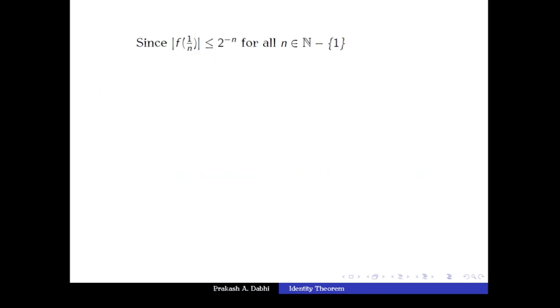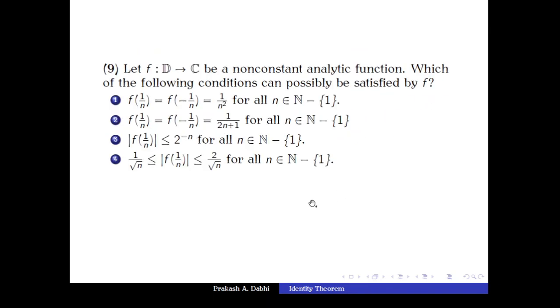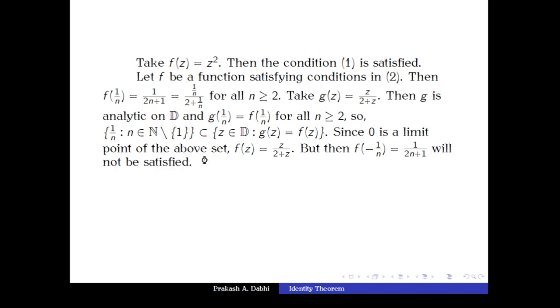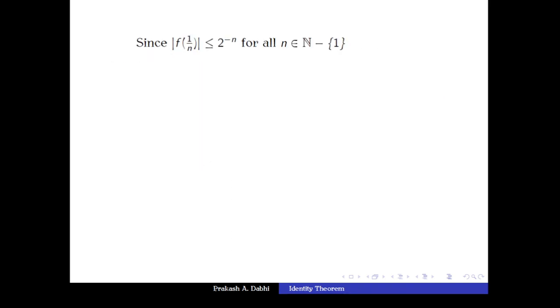Now let us see the next example. What is given? We again assume that there exists a non-constant analytic function f which satisfies condition 3, meaning |f(1/n)| is less than or equal to 2^(-n). Let us see then what happens.